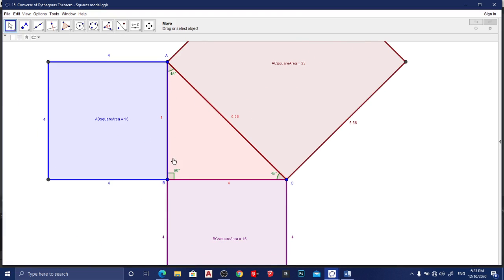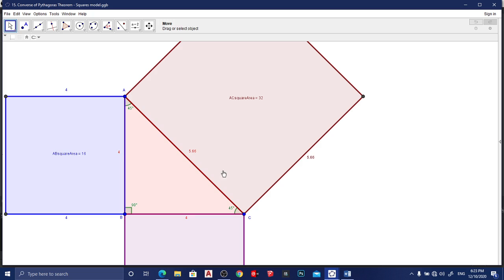See here, this is the right angle triangle and this is the hypotenuse, as all of you know. By using the length of the hypotenuse, I am constructing a square which has the same length as the hypotenuse. Using this length, I am constructing a square here. Then what will be the area of this square?